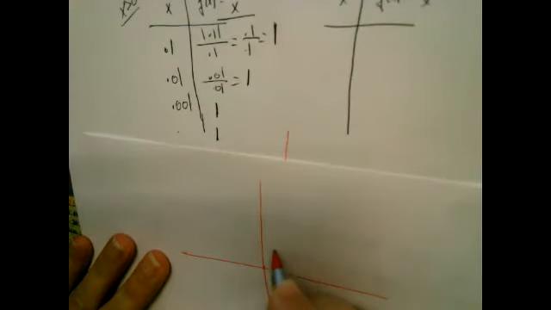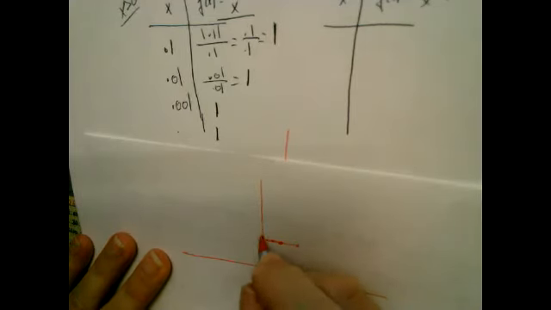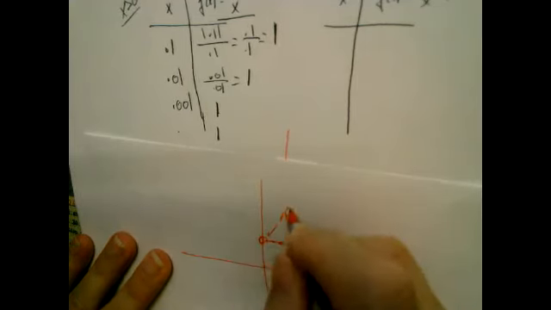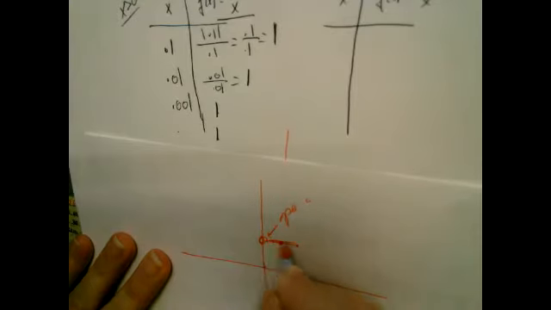And then what's happening after that? If I take 0.1, I'm having 1. 0.01, I'm having 1. 0.001, I'm having 1. So all the values here are actually 1, and right here I definitely have an open circle. Otherwise, the outputs are 1.